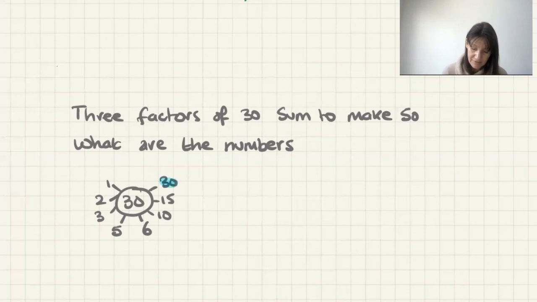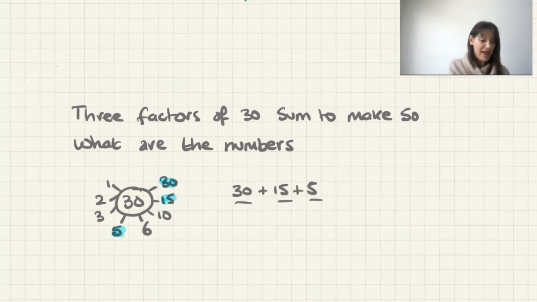So I'm going to say, right, I've got 30. I've got 20 left in order to make 50. So I can look at those numbers. Is there a way of making 20? Yes, there is. And there is my solution. Those are my 3 numbers. Happy days.